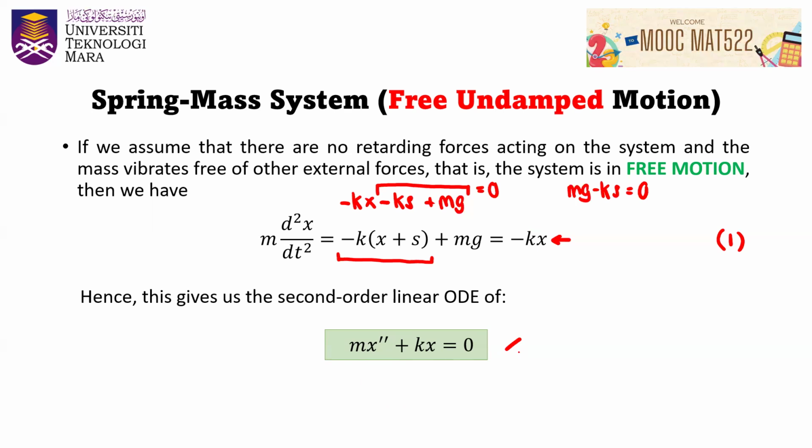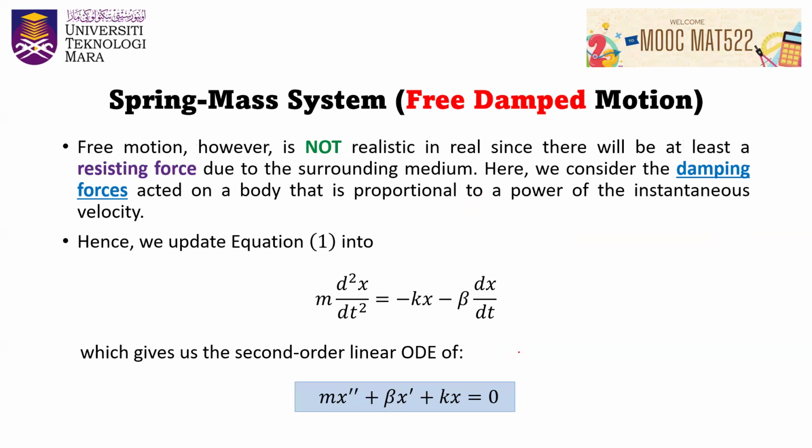However, we know that in reality, free motion is not realistic because there will be at least a resisting force due to the surrounding medium. So here, we consider damping forces acting on a body that are proportional to a power of the instantaneous velocity, with damping coefficient beta.